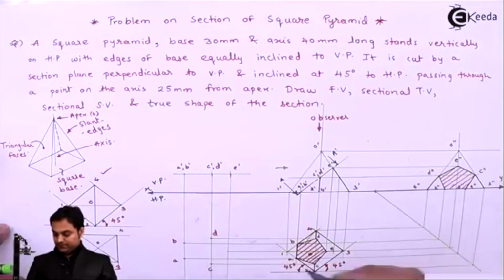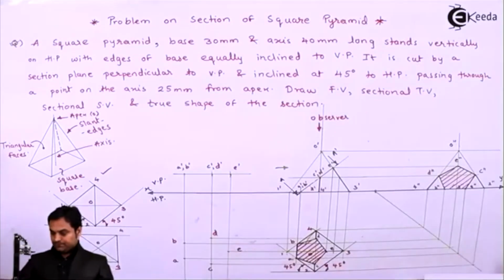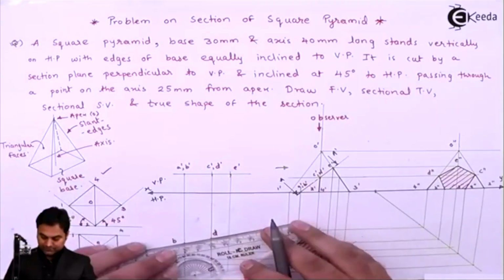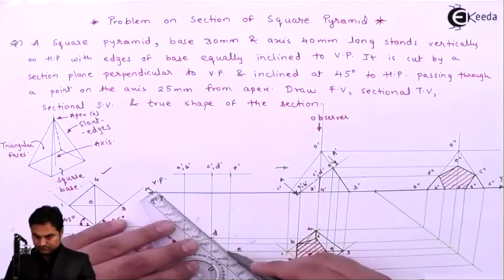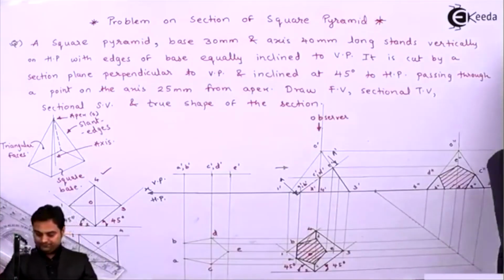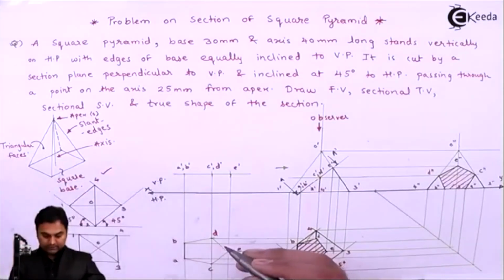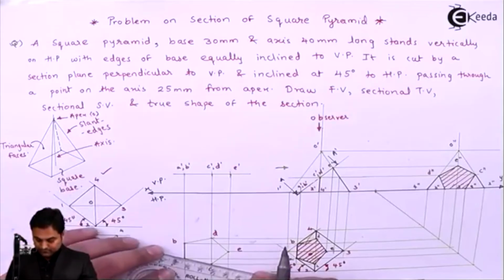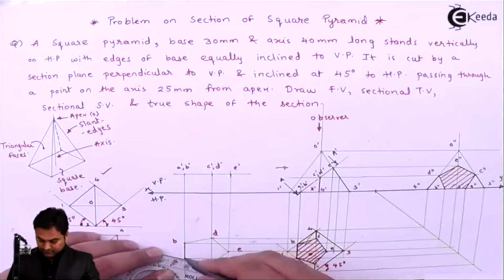So this is giving me point E, joining it in the proper sequence, making it dark, A to B, then in a continuous manner.